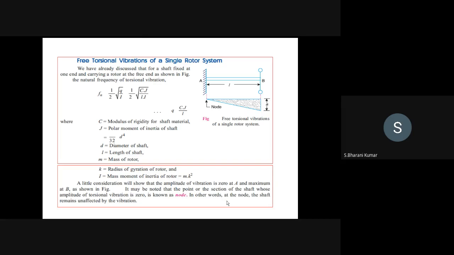In other words, the shaft remains unaffected by the vibration. You want to calculate the node position here. First you find the frequency, and second you find the node position, where it lies in this shaft. That's what you want to find out in torsional vibration.